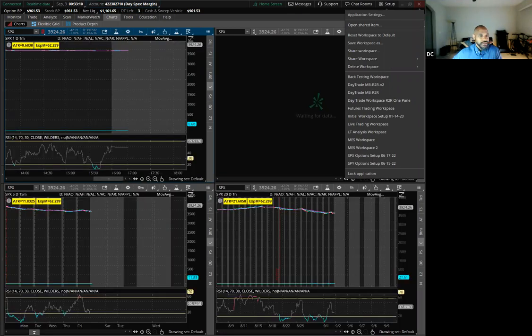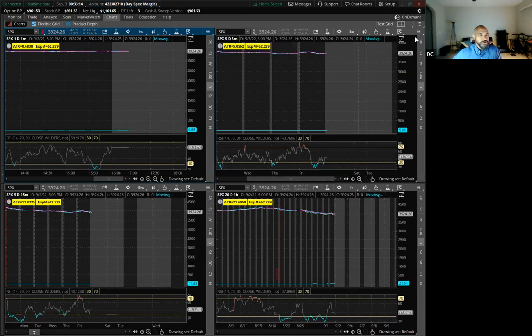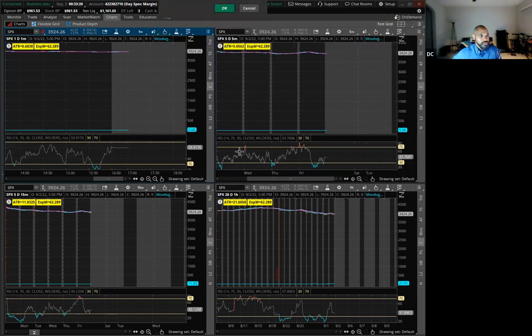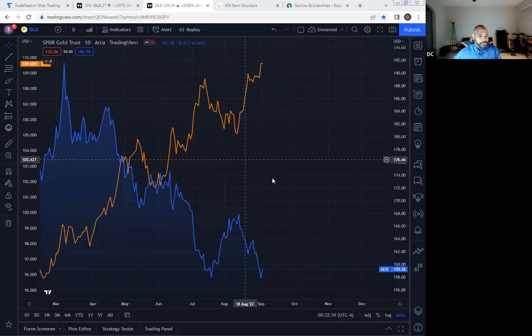It may take a little while, but it's a chart group that I use for looking at the markets as a whole. It's a combination chart group, and it's Thinkorswim, by the way. So it kind of gives you a bird's eye view.